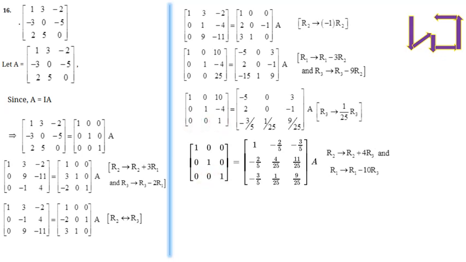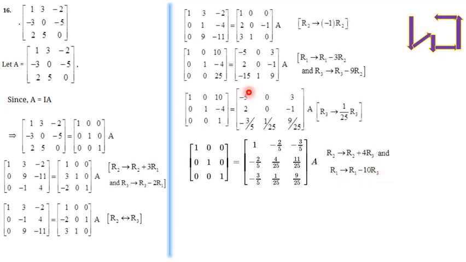And when you come to the right side matrix, R1 changes to R1 minus 10 R3. Here, minus 5 minus 10 into minus 3 by 5. When you go for the calculation, you will get 1. Please write and do the calculation. Once again, R1 changes to R1 minus 10 into R3.